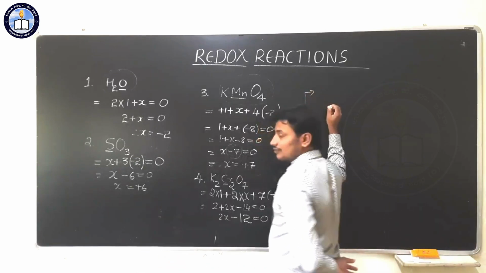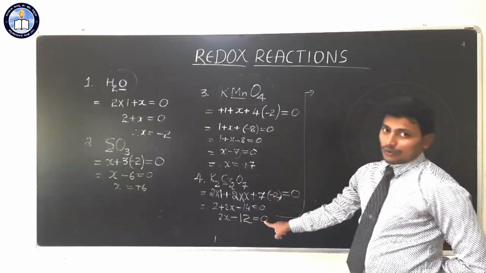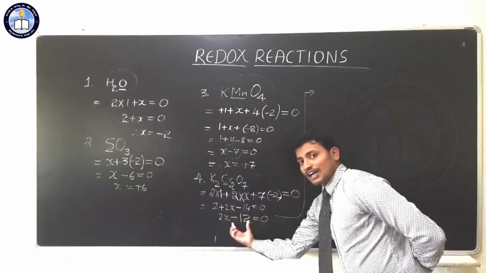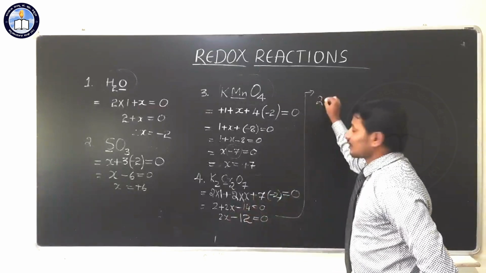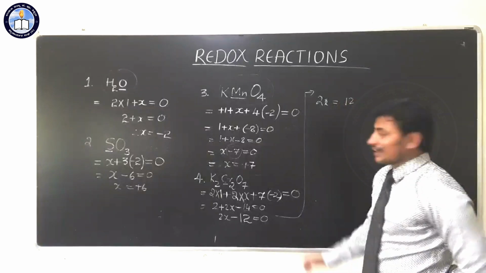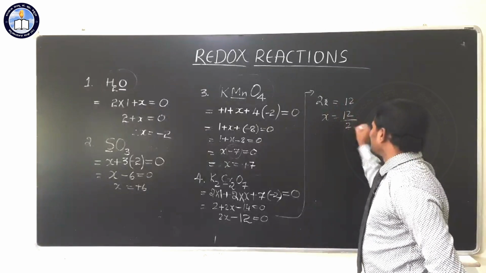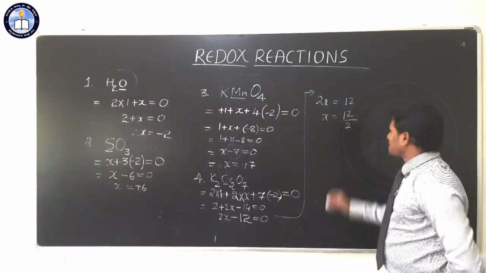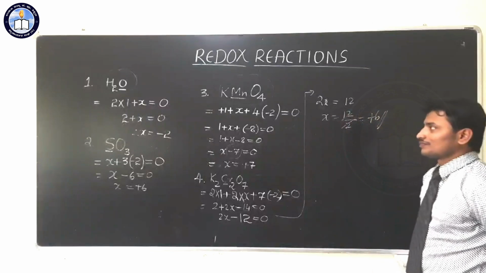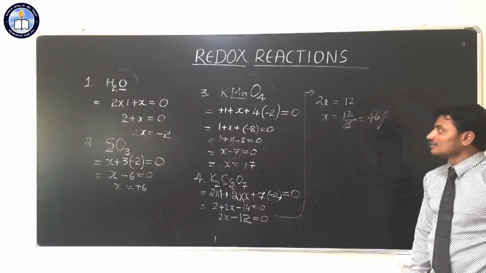See this carefully: we got 2x minus 12 equal to 0, hence 2x equal to 12, hence x equal to 12 by 2, that is plus 6. Plus 6 is the answer. This is the one case.